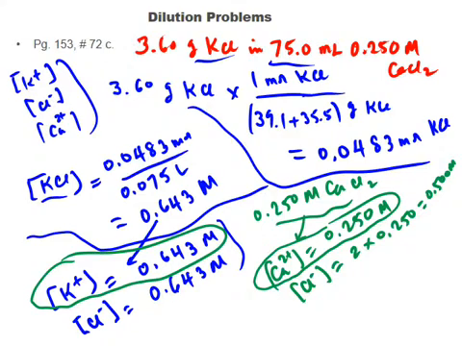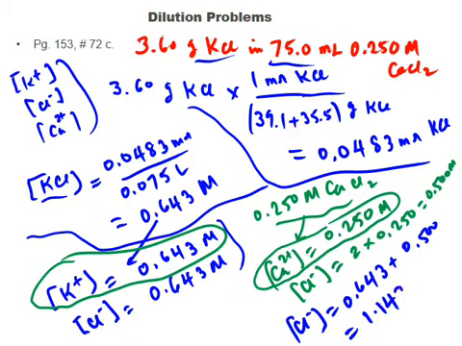So net Cl minus will be given by the sum of these two numbers, 0.643 plus 0.500, and that gives you 1.143 molar.